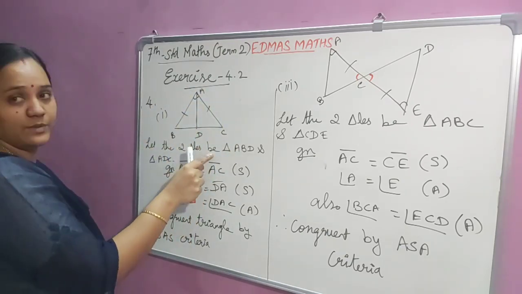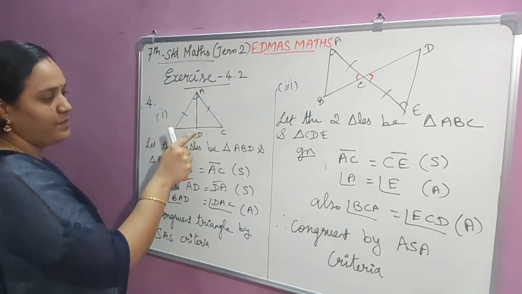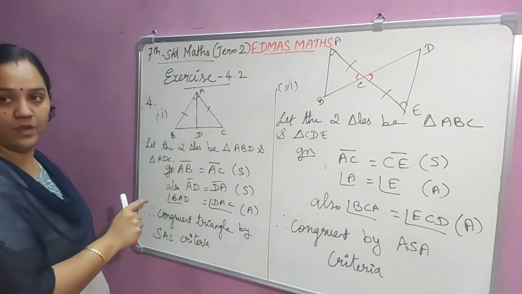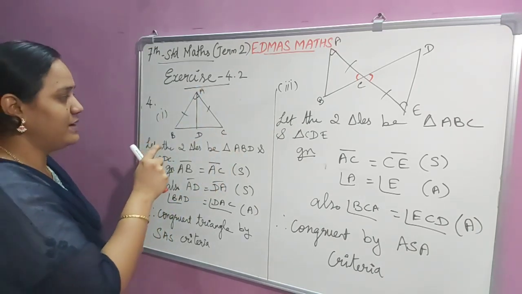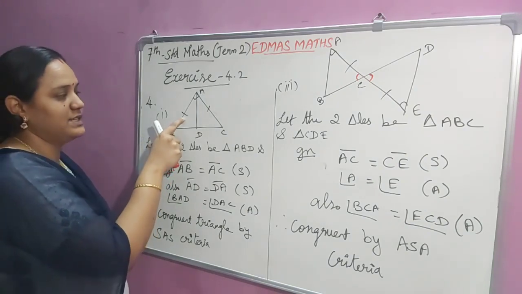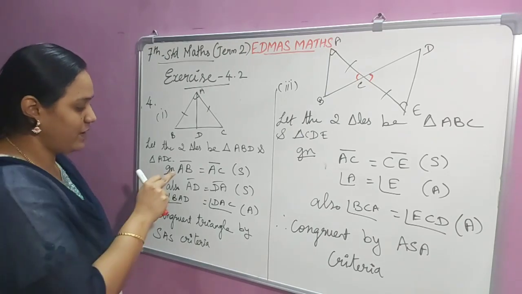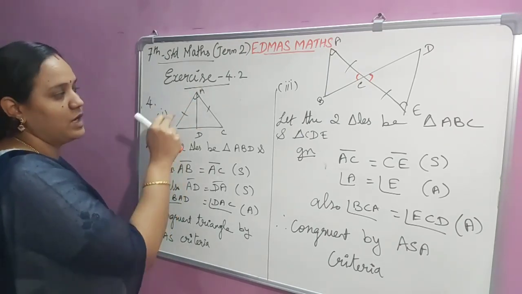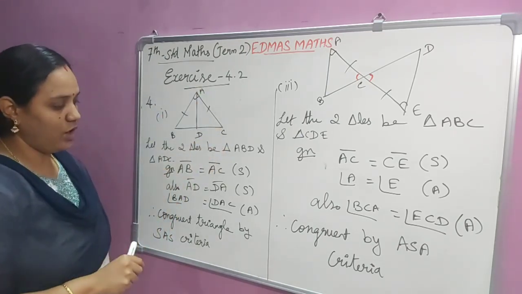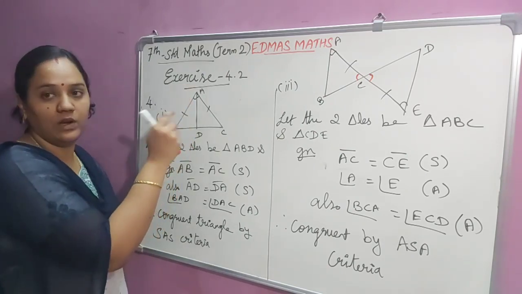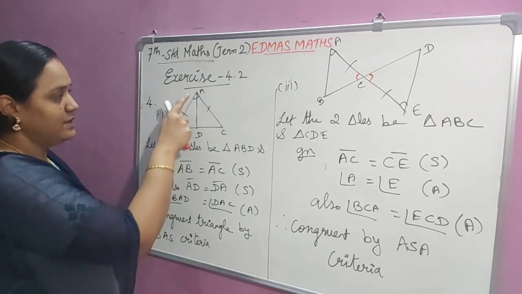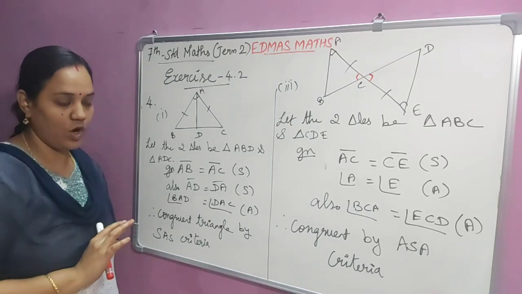Let the two triangles be triangle ABD and triangle ADC. Okay, from what they have given, they have mentioned this as single line. These two sides are equal, they mentioned. So we can say that AB is equal to AC. And also the common side, this is equal for both the triangles. So we can write AD is equal to DA, common side.